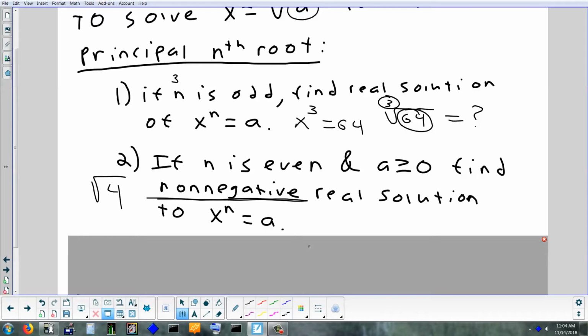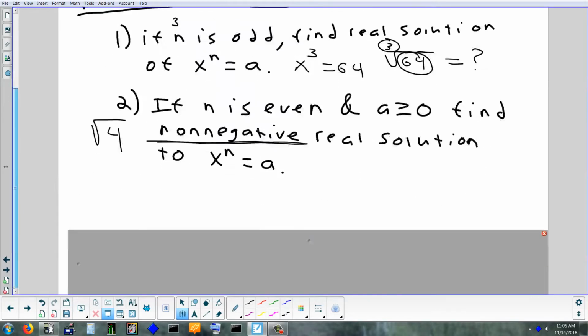If they want the positive and the negative, you'll see this: plus or minus in front of the root. This means they want both answers, positive and the negative. Just the positive. If you type that in on the calculator like that, it's exactly what it gives you. It'll only give you 2. If you throw a negative in front, it'll give you the negative 2.